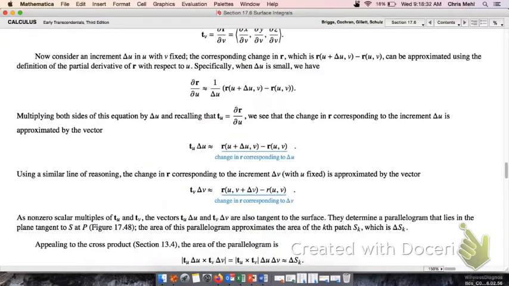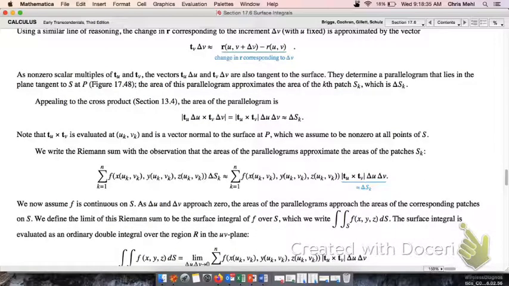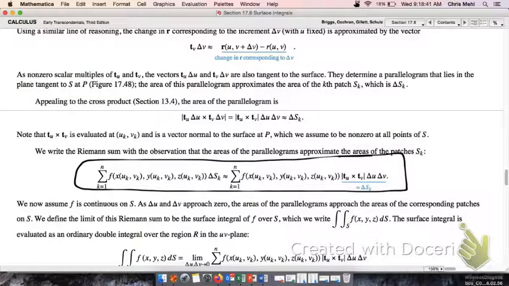And then what I'm really concerned with is, I'm going to scroll down to the bottom. So your Riemann sum, the delta S k, would get replaced with the magnitude of Tu cross Tv, delta u, delta v.